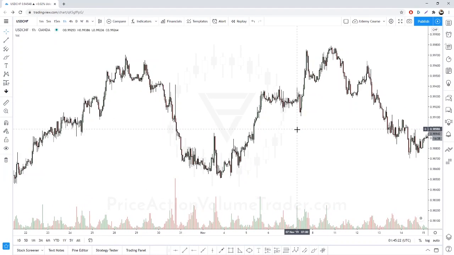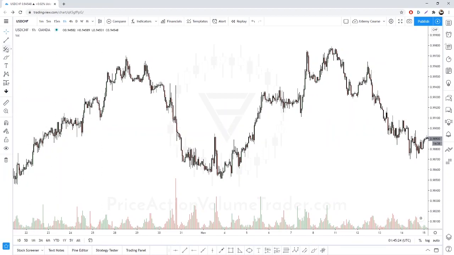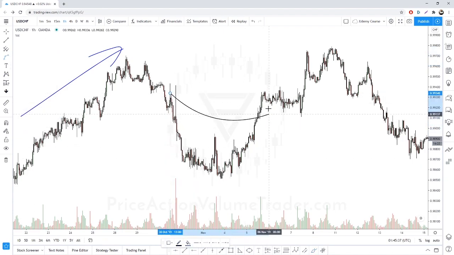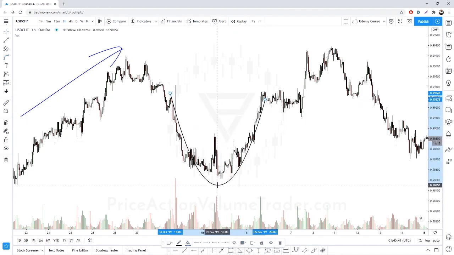Like in this case, we have the dollar in an uptrend, then we fall here, and if I put the curve tool, we can see that right here we fall and we make a cup pattern.